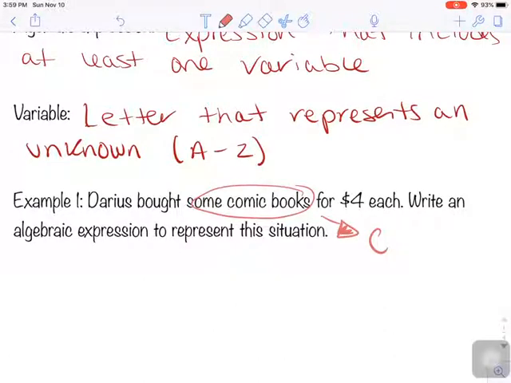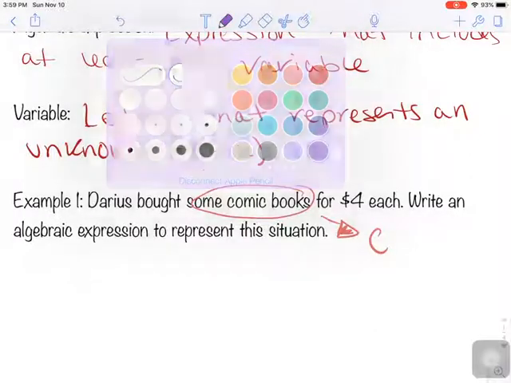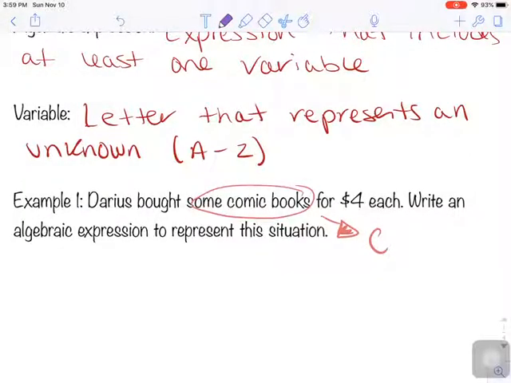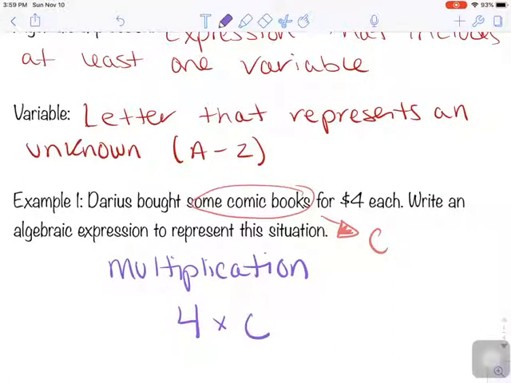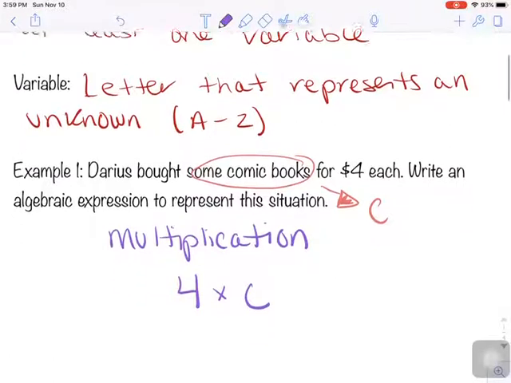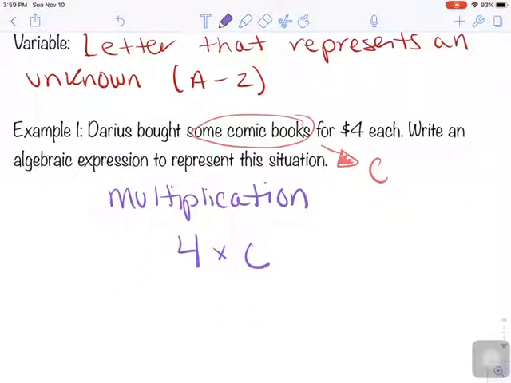So if we wanted to figure out how much that would cost total if every single one he's buying is $4, the operation that we're going to be using here is going to be multiplication. So if we wanted to write this situation as an expression, we would say 4 times C. And we can also write this in a few other ways.